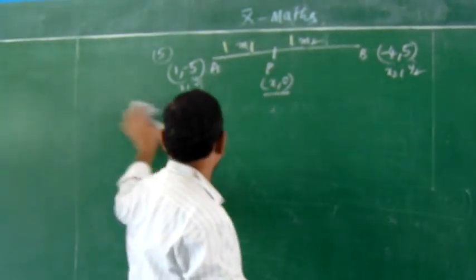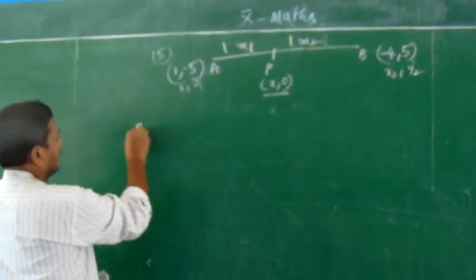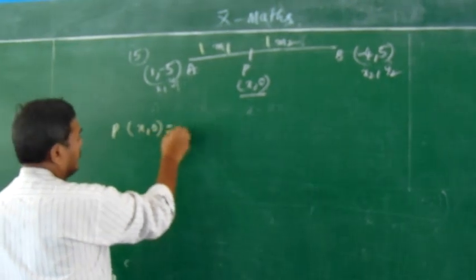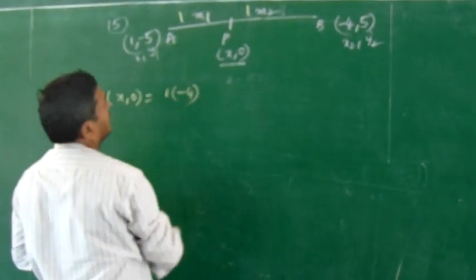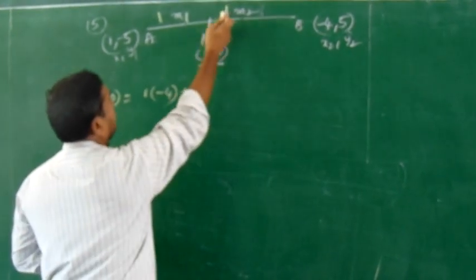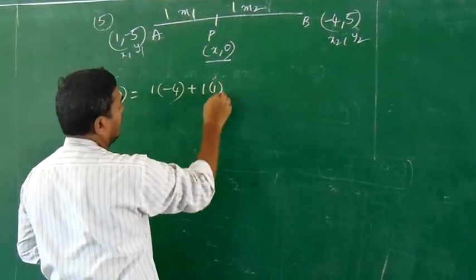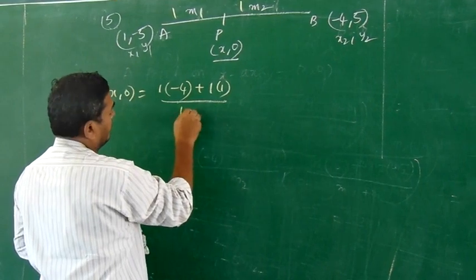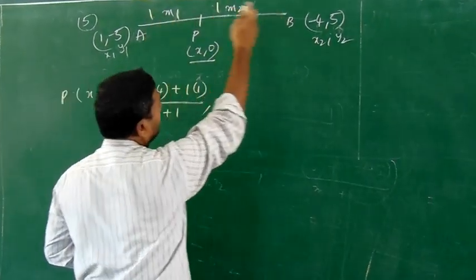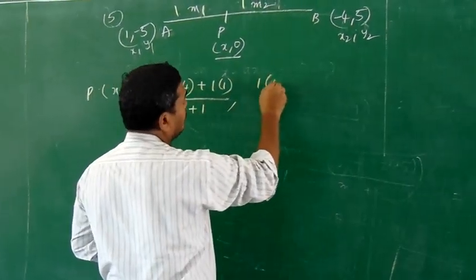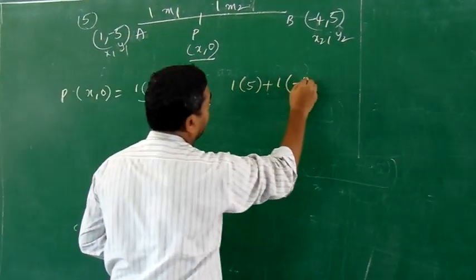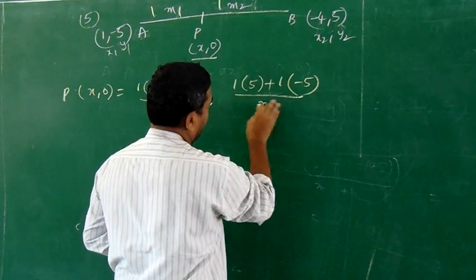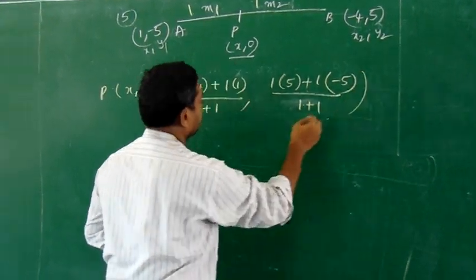Now P(x, 0) equals (m1 x2, 1 into minus 4, plus m2 x1, 1 into 1) by (1 plus 1), comma, (1 into 5 plus 1 into minus 5) by (1 plus 1).